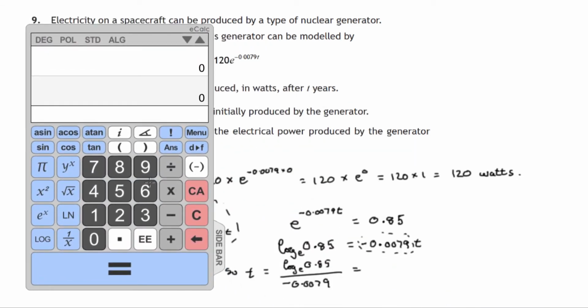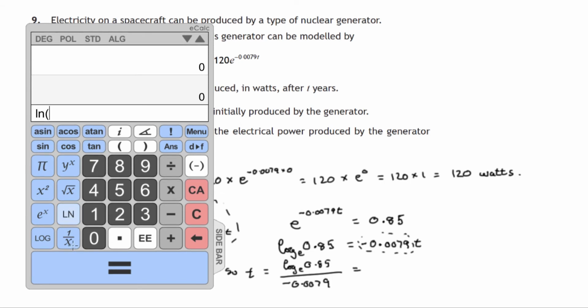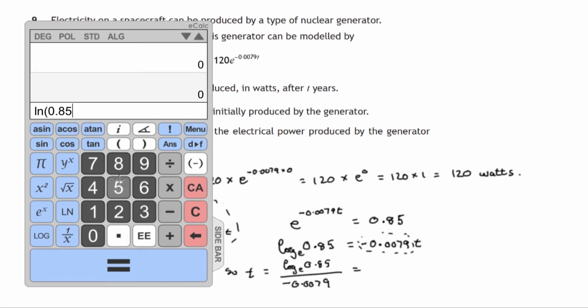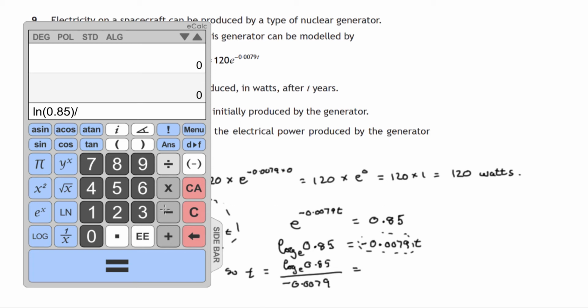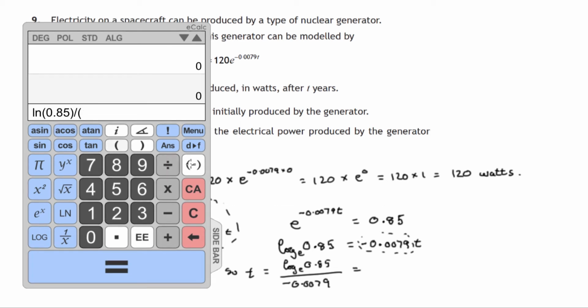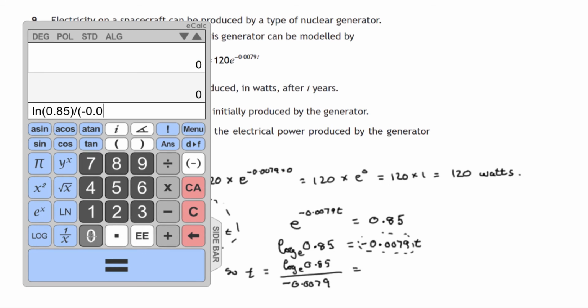So let's try that. The log to the base e, that's the natural log, ln, natural log of 0.85. That has to be divided by, let's put this in brackets, the negative of 0.0079.